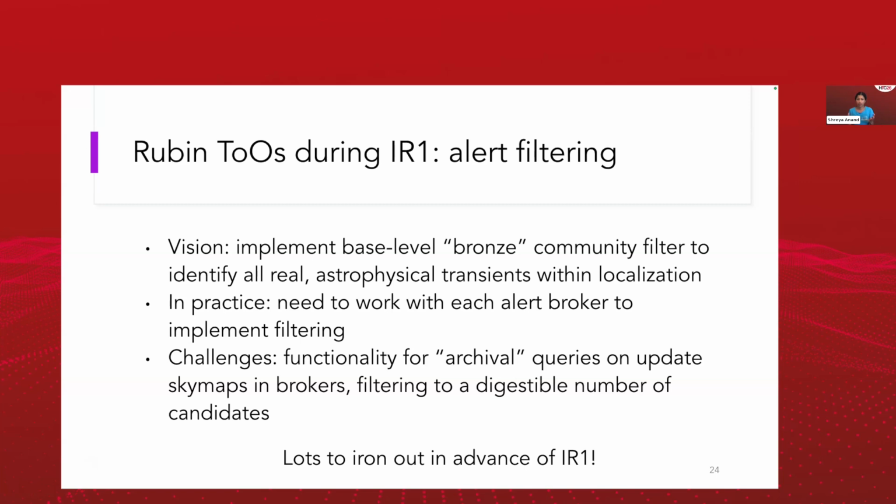But in practice, this requires working with each particular broker and their requirements to implement this filtering. And some of the challenges that exist are trying to do archival queries on updated sky maps, or filtering to result in a digestible number of candidates that the community can then follow up. So we have lots to iron out in advance of IR1, and I look forward to hearing all your questions. Thank you.